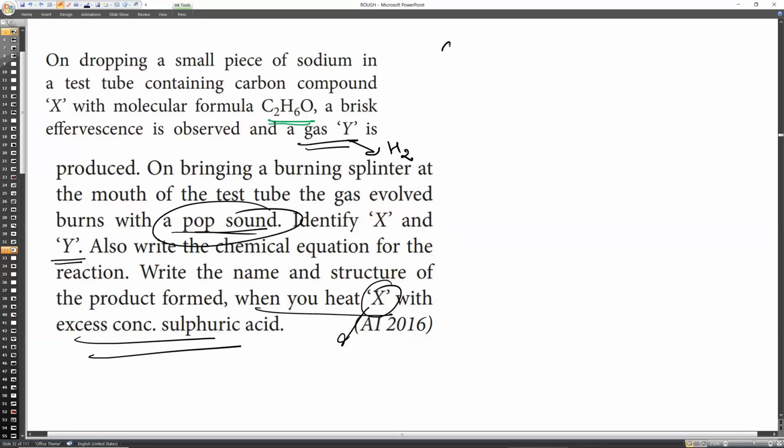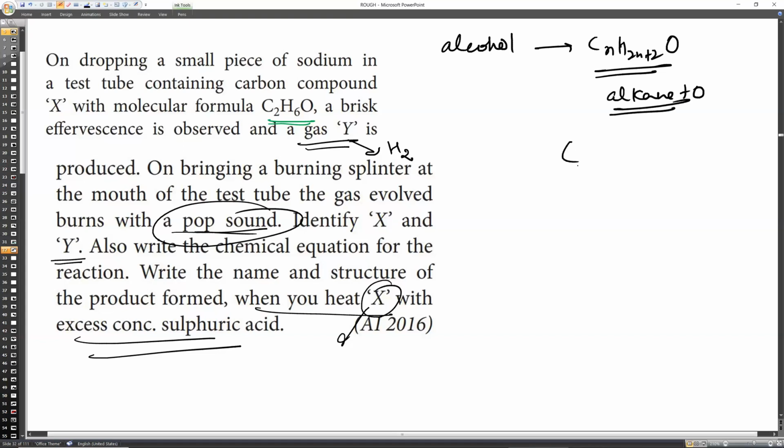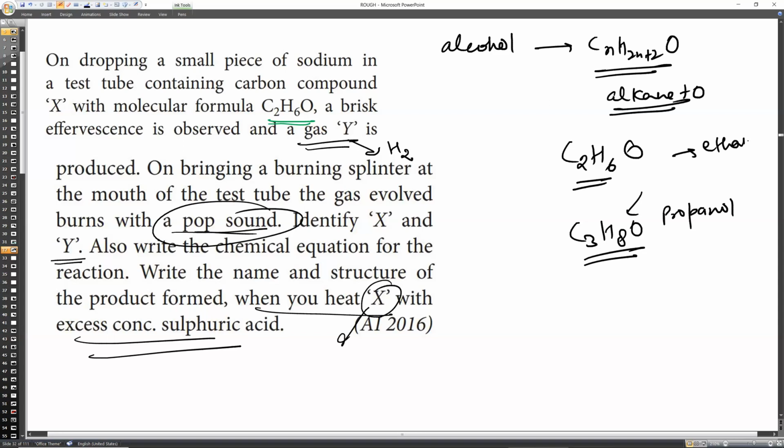Alcohol has the general formula CnH2n+2 and then O, meaning alkane plus O. Like we have C2H6O, and C3H8O, which will be propanol. This is ethanol.